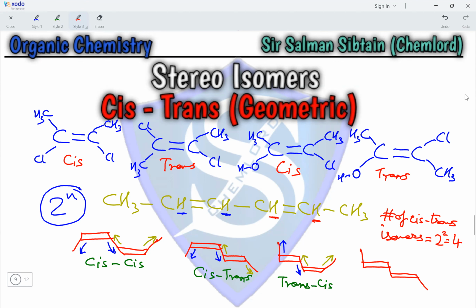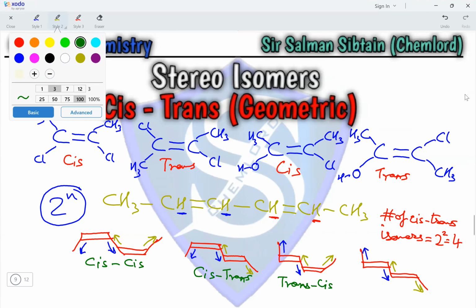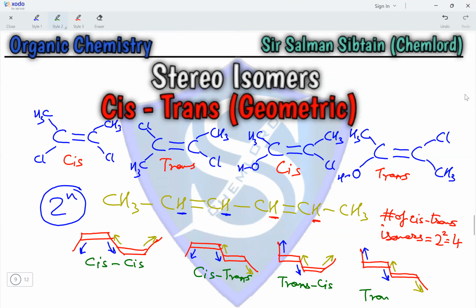And the fourth possible isomer having two double bonds showing cis-trans isomerism is if both the double bonds show a trans conformation. So here we can see that the first one has one of the bonds pointing up and the other pointing down. And the second double bond also has one of the bonds pointing up and the other pointing down. So here the conformation will be called trans and trans.